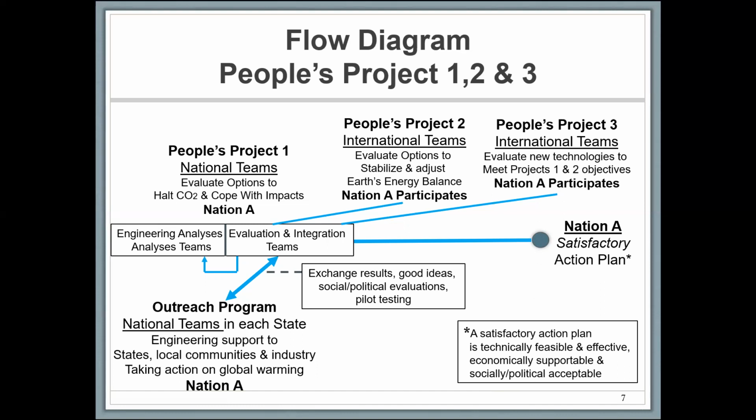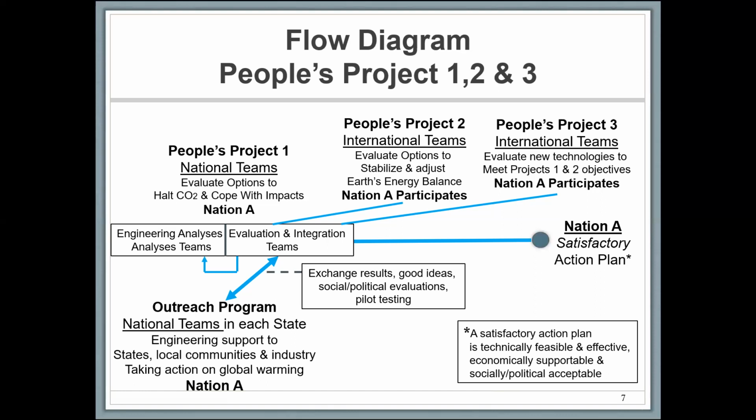The outreach program is performed by national teams to provide engineering support to ongoing climate efforts. An active link between the nation's outreach program and its Project 1 will exchange results, good ideas, social political evaluations of options, and pilot testing.